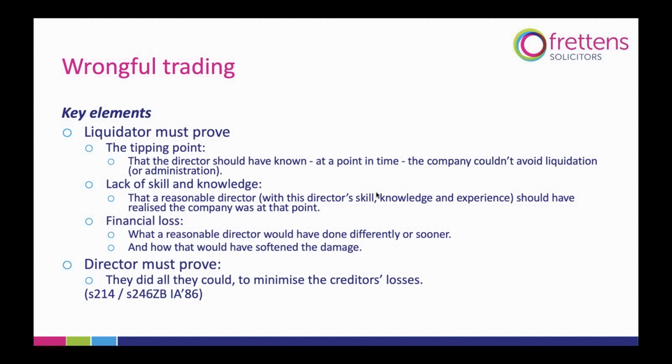The first of those, the tipping point, you have to show that the director should have known at a particular moment in time that from that moment the company was not going to avoid an insolvent liquidation or administration.